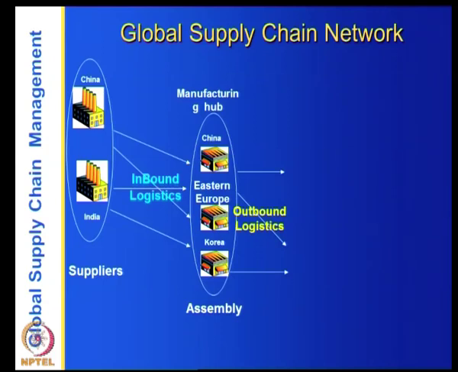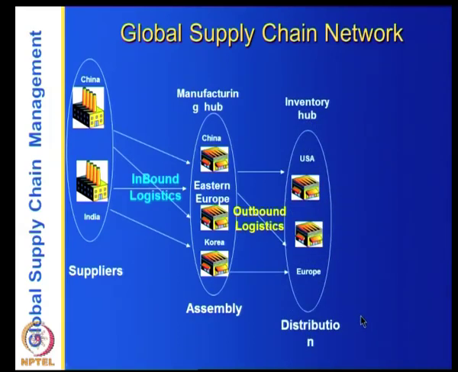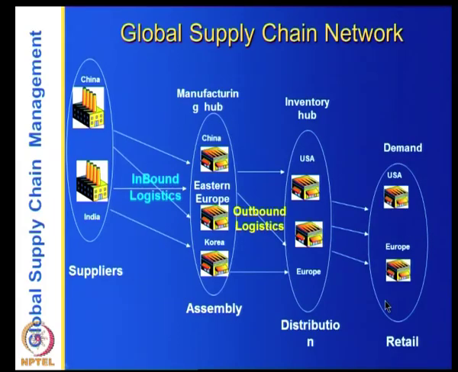The manufacturing hubs can be in China or Eastern Europe. In the manufacturing hubs, they assemble whatever they get from the suppliers, and then it goes to the industry inventory hub or the dealers or the distribution centers, and finally it goes to the retail. So the retail is the one that is in the US.